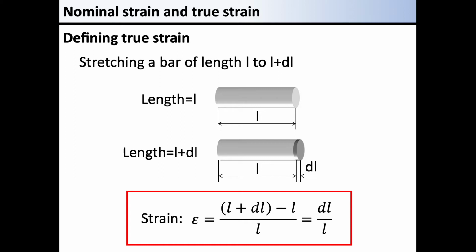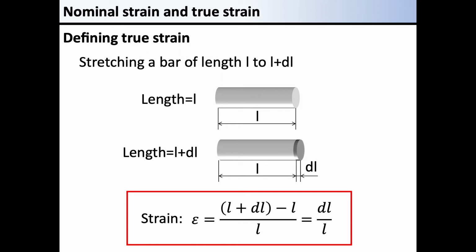The calculation starts with defining the elongation as dl, the original length as L, and then dl over L as the strain. Here, note that dl has d of small amount and this dl is a small quantity.